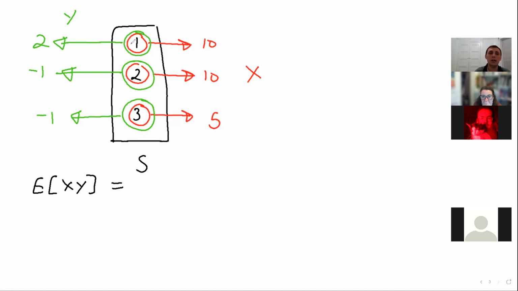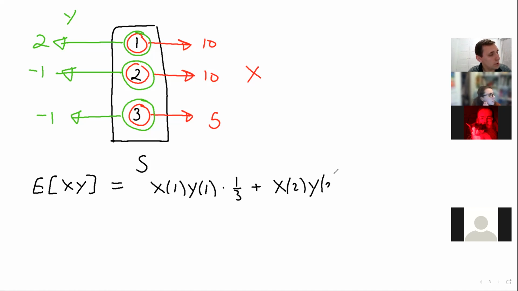So the expected value of x times y is going to be x of 1, y of 1 times 1/3, plus x2 y2 times 1/3, plus x3 y3 times 1/3. You agree?